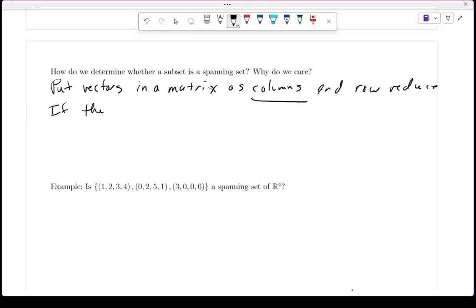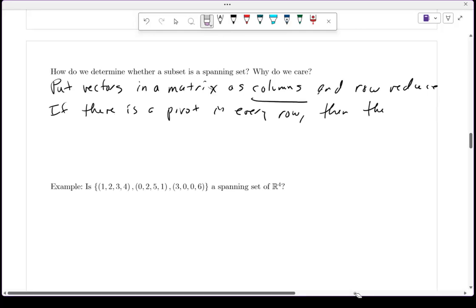If there is a pivot in every row, then the set of vectors, I'll just say the subset, spans V.